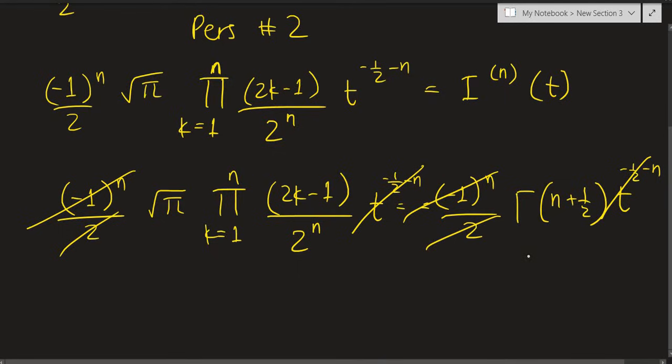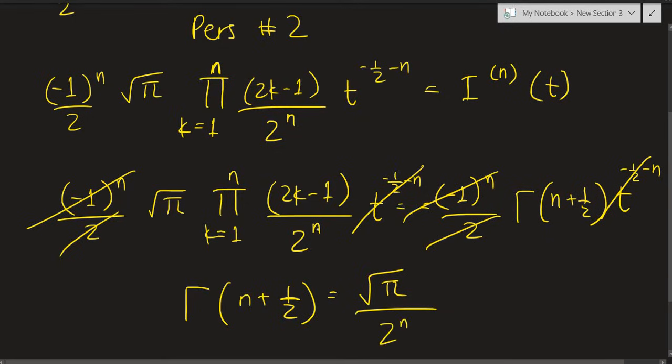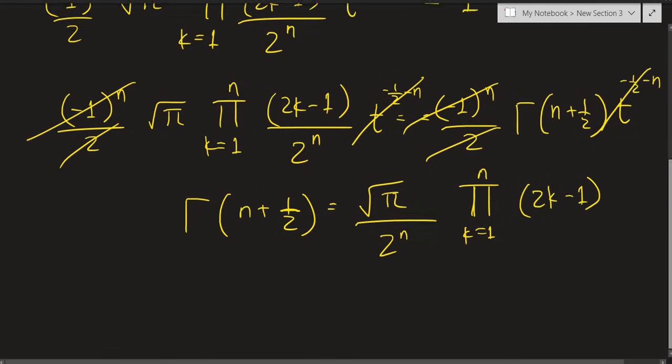So now all we are left with finally is an expression of gamma of n plus 1 half being equal to square root of pi divided by this 2 to the n that remained, times this product from k equals 1 to n of 2k minus 1.